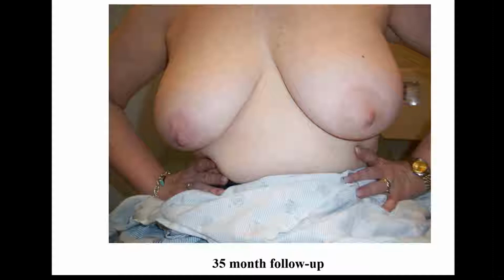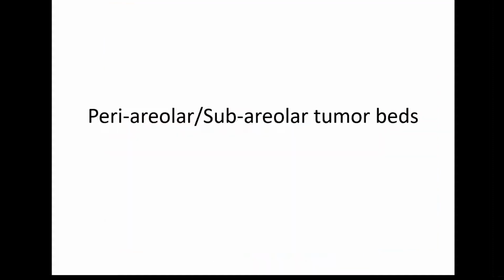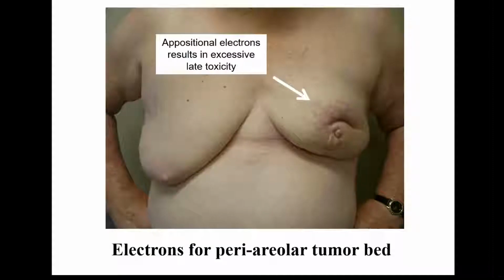Next slide. One area that I have to say I've been so impressed with the results with AccuBoost has been with patients with periareolar or subareolar tumor beds. And this is an area that throughout my career I've been very frustrated with the results that we've seen with appositional electrons.